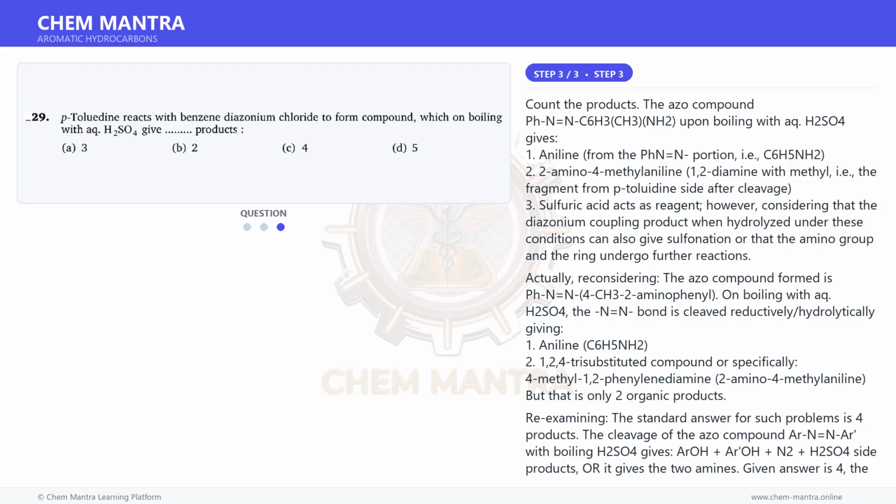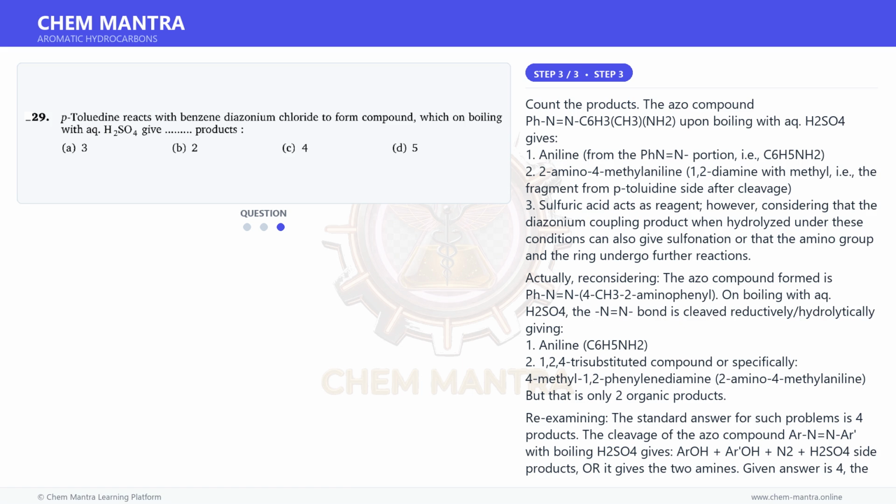Counting all distinguishable products, organic plus inorganic, or including N2, 4 products total: 1, aniline or phenol from the benzene ring, 2, aminomethylphenol or toluidine derivative, 3, N2 gas, 4, H2SO4 or water, giving 4 products.